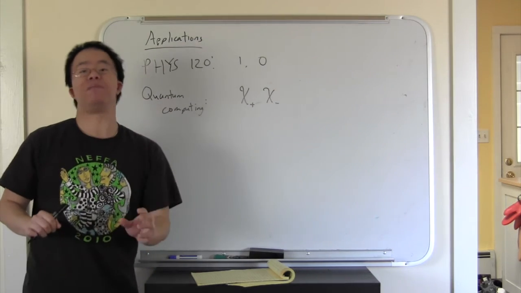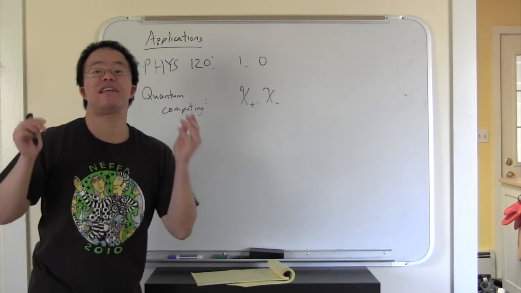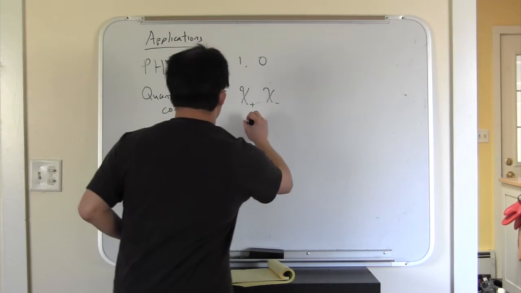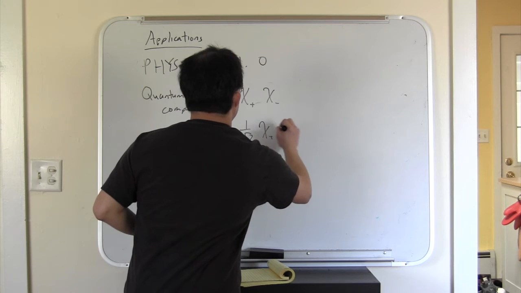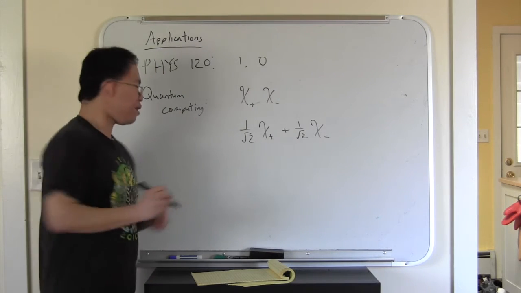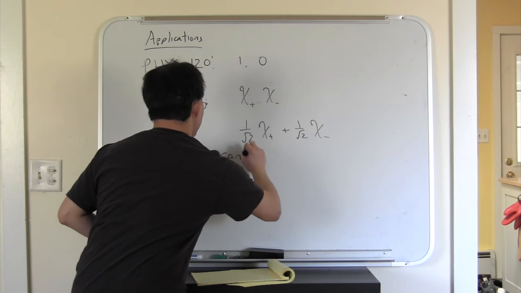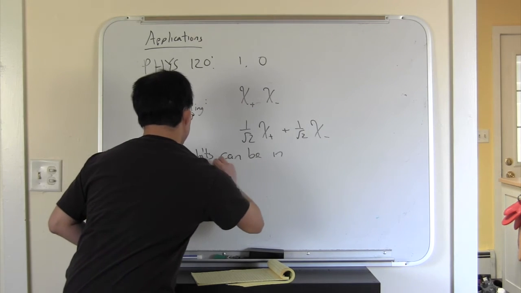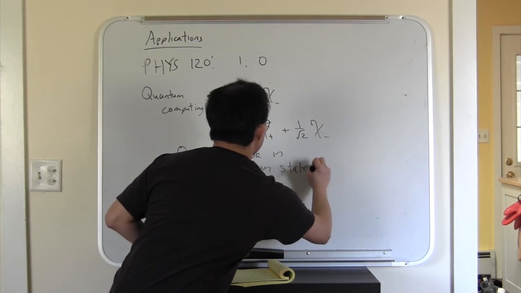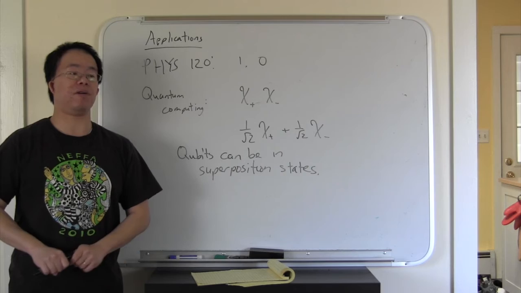But the thing that qubits can do that classical bits cannot is that a qubit can be in a superposition state. You can have a qubit that looks something like 1 over root 2 chi plus plus 1 over root 2 chi minus. So qubits can be in superposition states, unlike classical bits that really only can be 1 or 0.